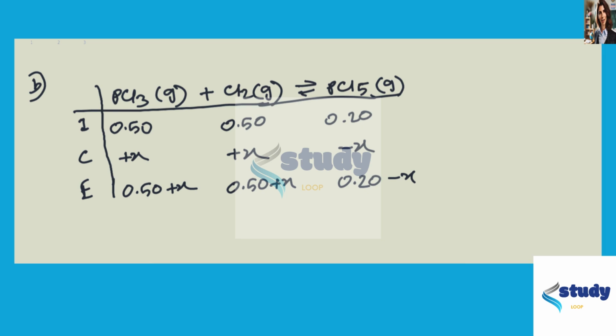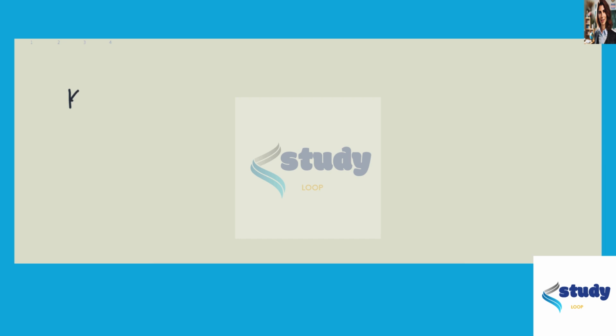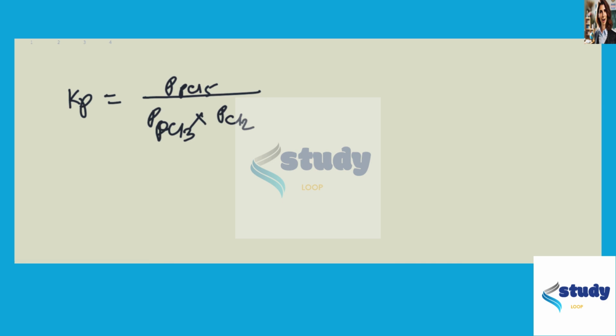Now if we plug these values into the equilibrium constant expression in terms of pressure, Kp equals the equilibrium partial pressure of the product over the equilibrium partial pressures of the reactants.